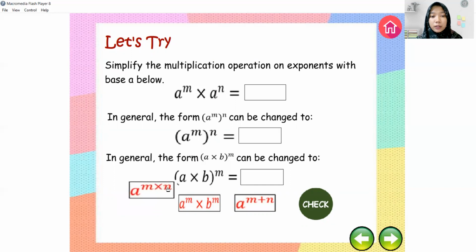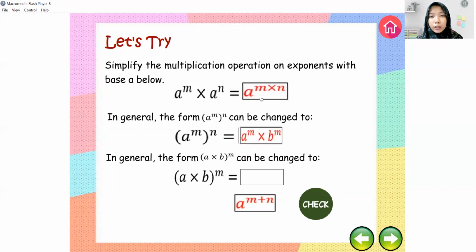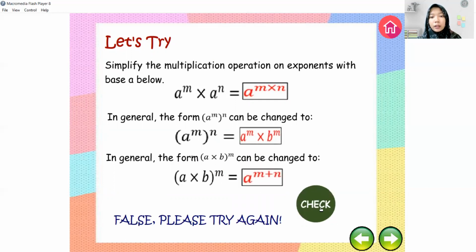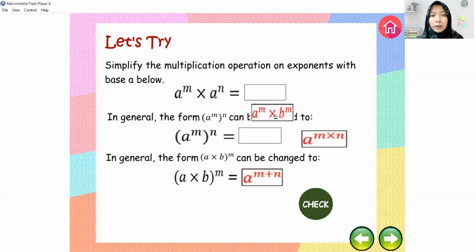Students can drag this answer to the blank box. Suppose this is the answer of the students. If students click the check button, false, please try again. So students can try again about the answer.